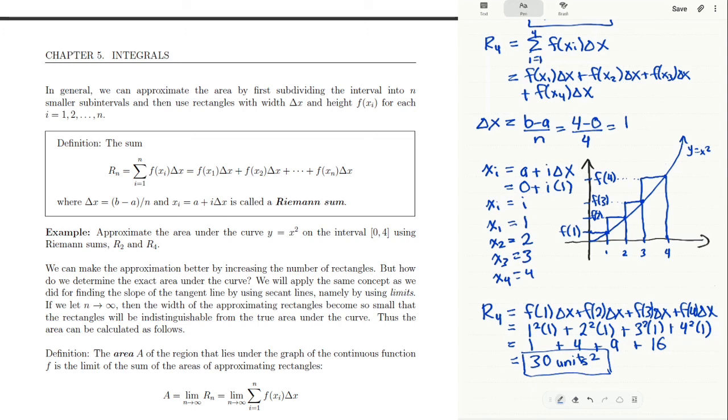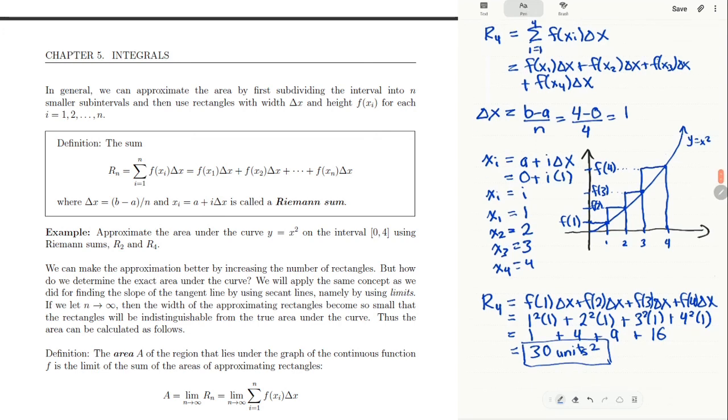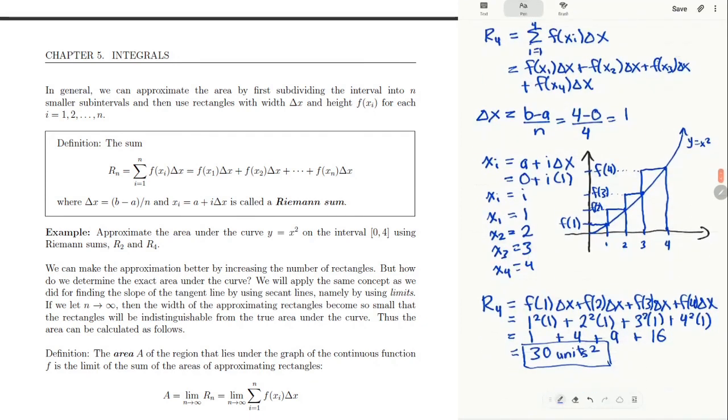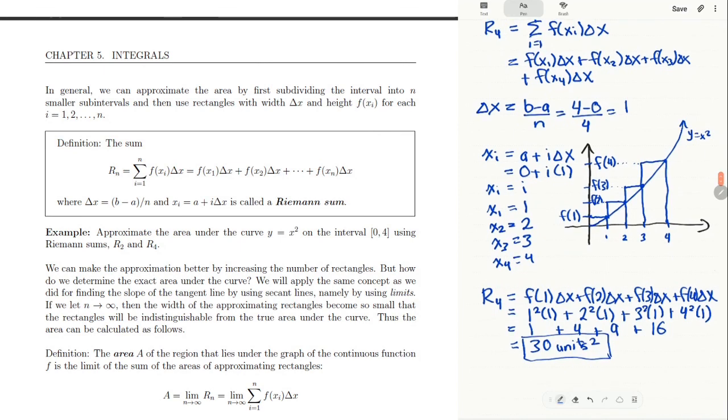And so the approximation using 2 rectangles gave us 40 square units, and the approximation using 4 rectangles gave us 30 square units. So how can we determine a better approximation to the area underneath the curve? Well, we could keep using more and more rectangles, and that will give us a better approximation.